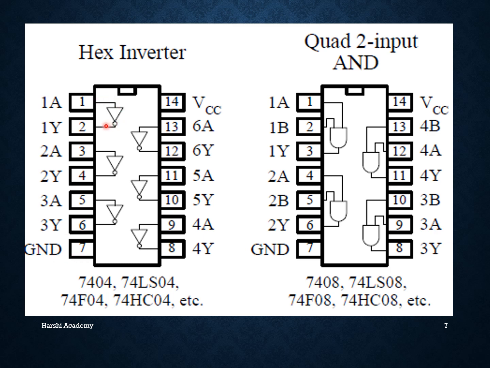If you consider this gate, this is input and this is output. This is the quad 2 input AND gate. Same as before, there are 4 gates inside the IC. Here, 1 and 2 are input pins, 3 is the output pin. You should keep in mind this number. When you build a circuit, you should remember this number.